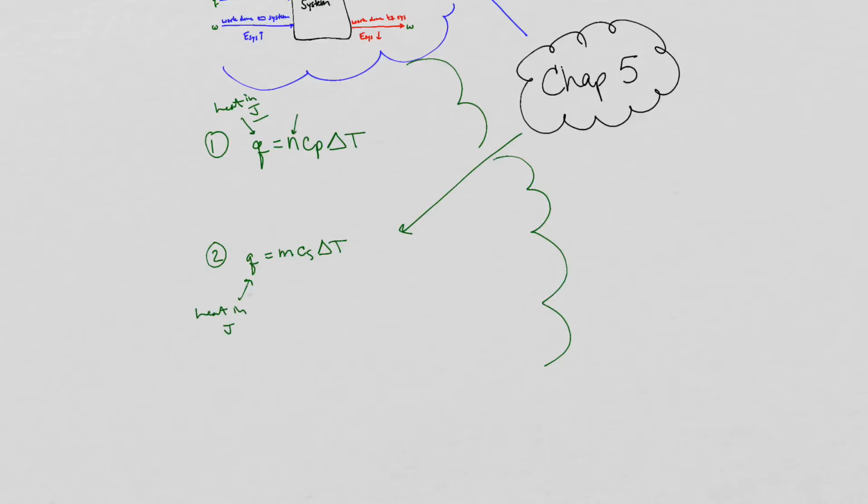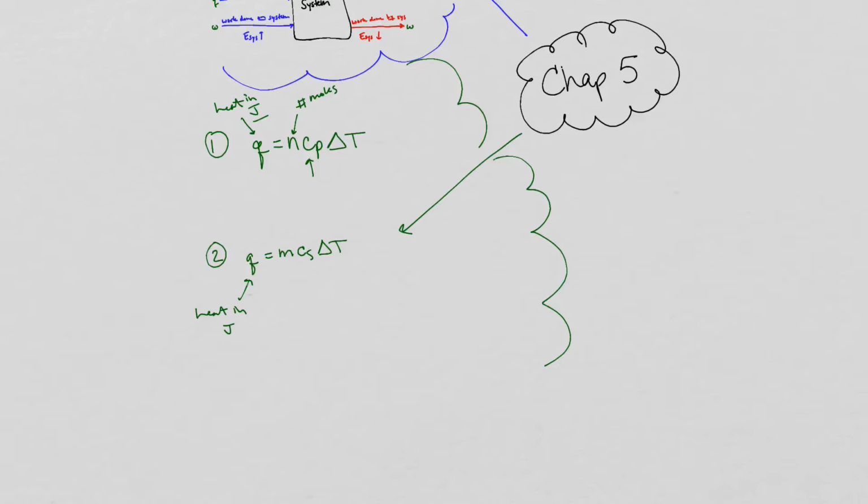In this case, our n is the number of moles of whatever is being heated, or is taking in the heat or releasing the heat. Make sure you're using that in context. And then C sub P is our specific heat, but it's our molar heat capacity.